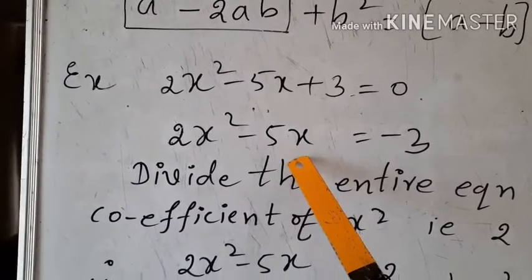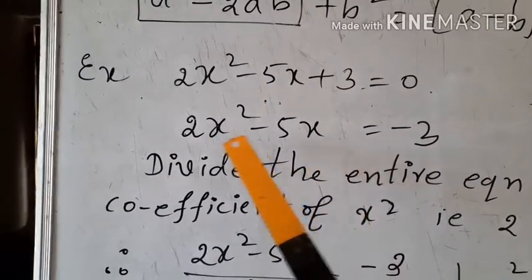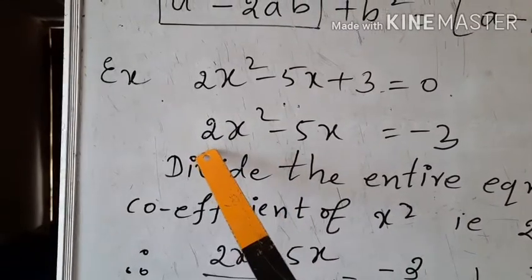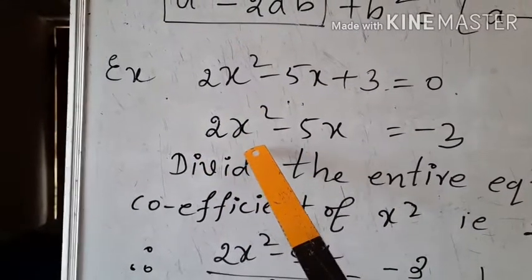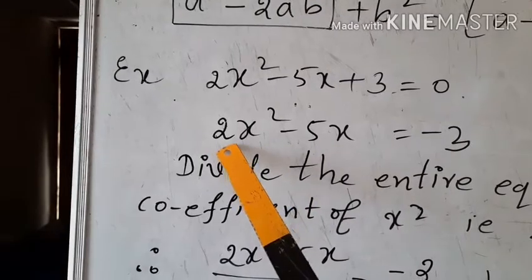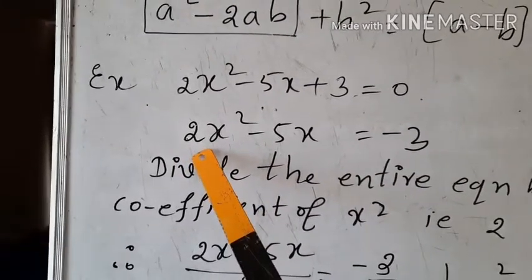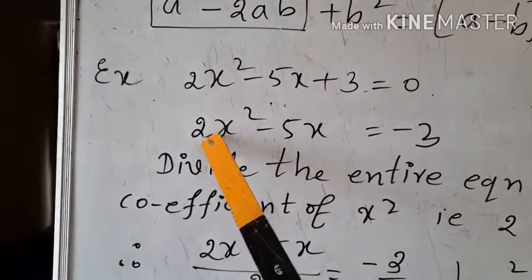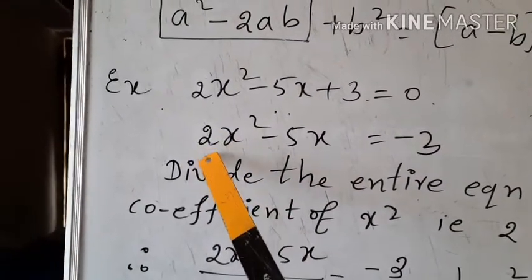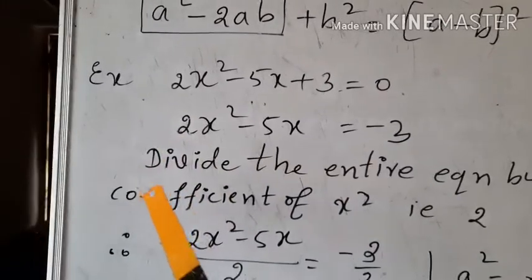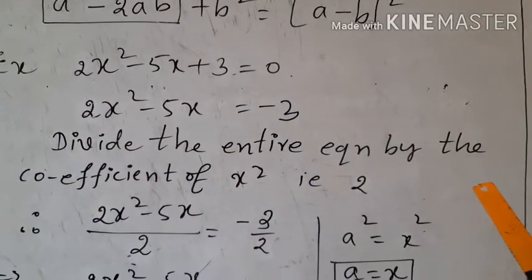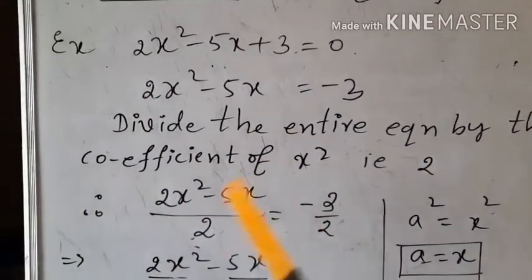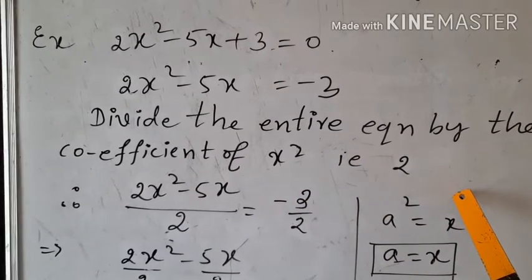Then what we should do is make the coefficient of x square as 1. So, to make the coefficient of x square equal to 1, I will divide both sides of the equation by 2, since the coefficient of x square is 2, right? So, divide the entire equation by the coefficient of x square, that is 2.